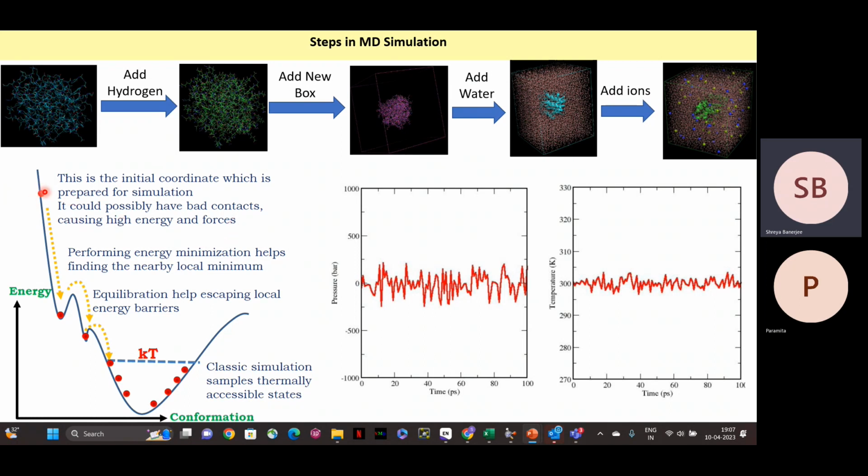So the initial model generally has high energy. Then the energy minimization is performed to find the local minimum. So like we discussed over here, the slope is negative. That means the x coordinate has to move forward. So you move forward, then you find that there is a local minimum.